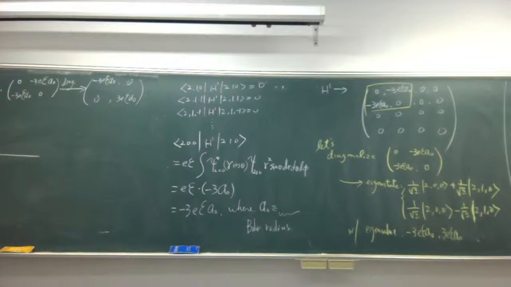And in this energy table, I have 4 states: 2,1,-1 and 2,1,1, and also square root 2 times (2,0,0 plus 2,1,0), and square root 2 times (2,0,0 minus 2,1,0).